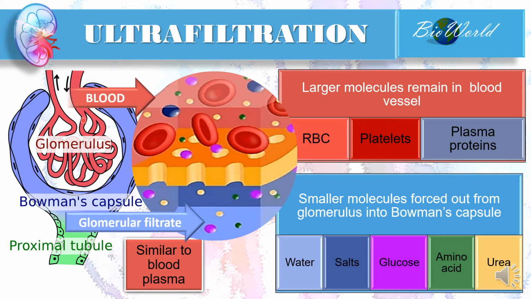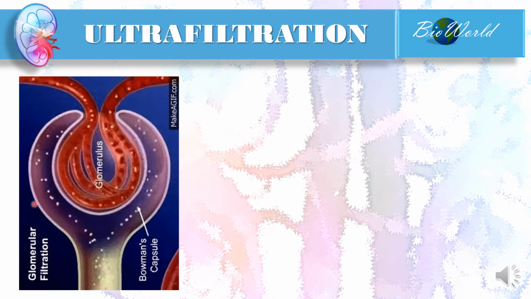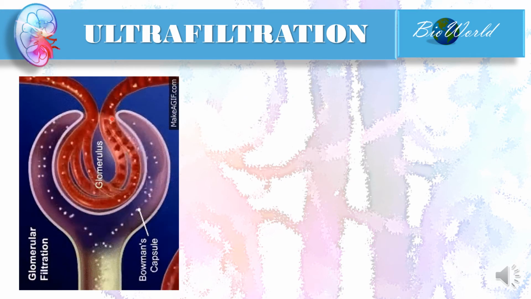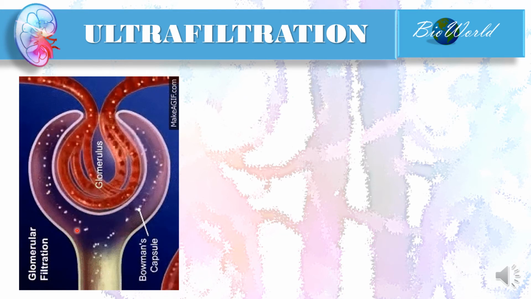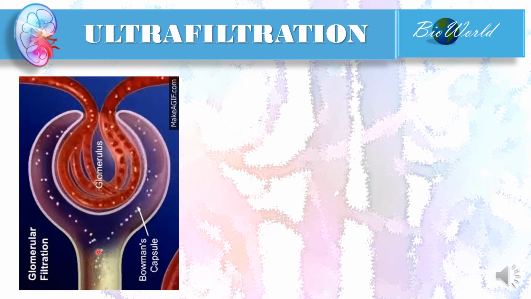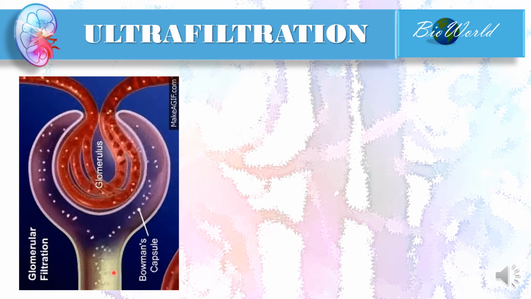Meanwhile, the blood that remains in the glomerulus will have less of the smaller molecules. The blood that remains in the glomerulus after ultrafiltration will be transported out to the peritubular capillaries, and the glomerular filtrate will travel along the uriniferous tubule to form urine.